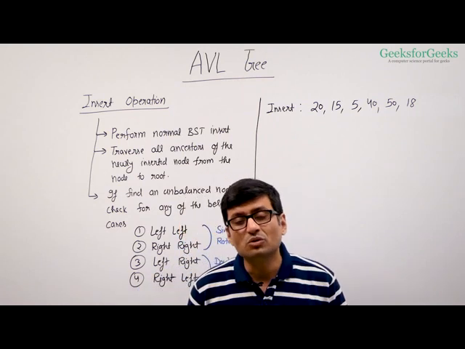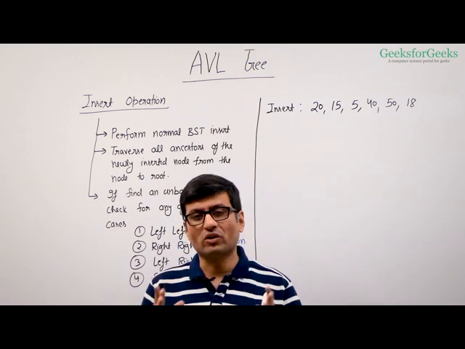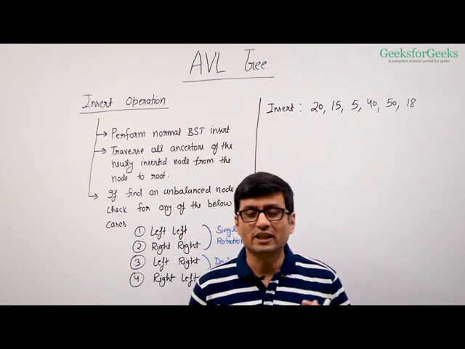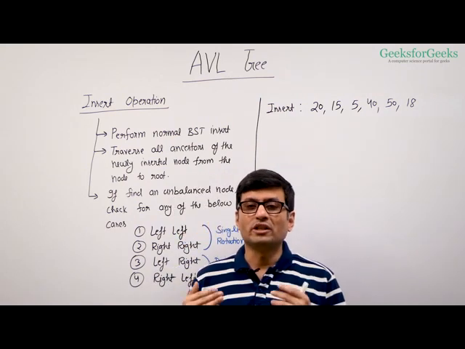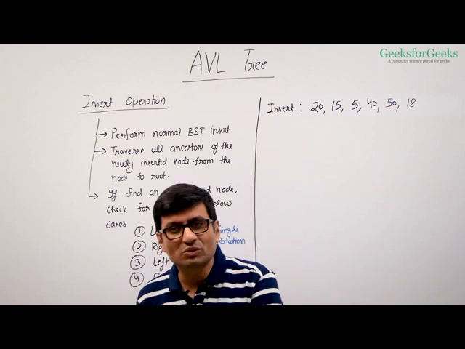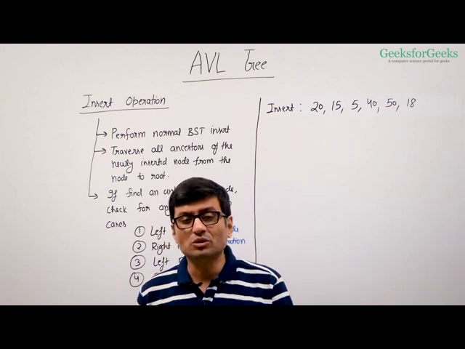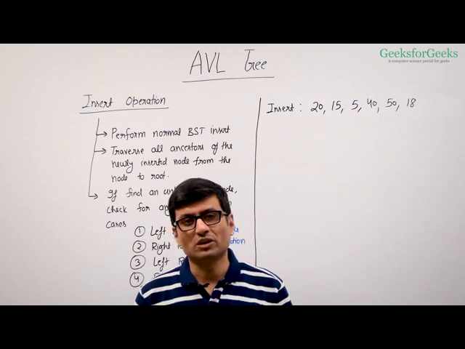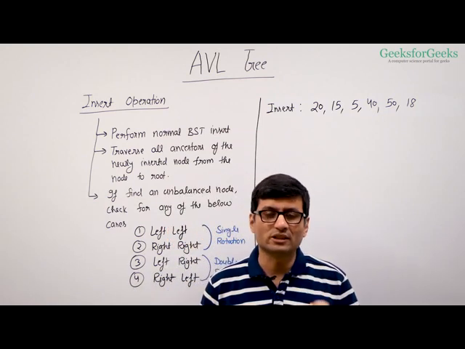What are the nodes whose balance factor can go beyond 1? The answer is ancestors. Only the heights of the ancestors will change, and these are the nodes whose balance factor can become more than 1. So we only need to check the ancestors.